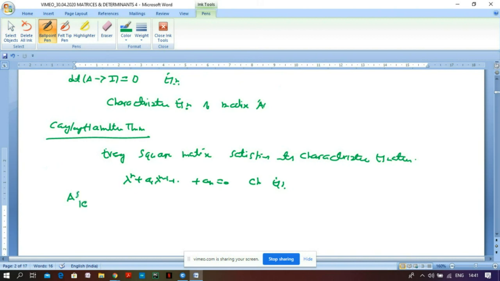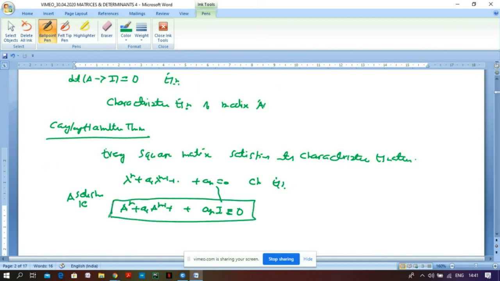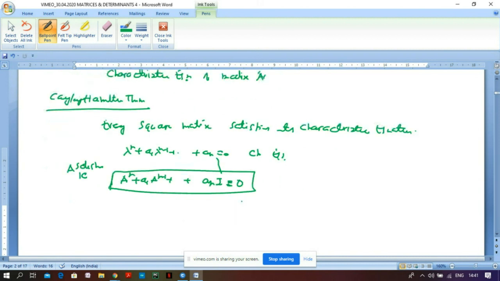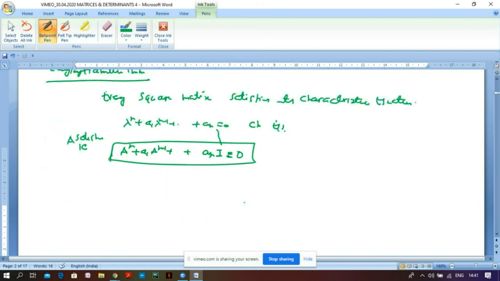That is, A to the power n plus a1 A to the power n minus 1, all the way to an times I, don't forget this I, as I've been cautioning you, equals 0. This is a matrix equation. And if you plug in the values of A, you will find exactly this whole thing goes to 0. That is what is meant by saying that every matrix satisfies its characteristic equation.